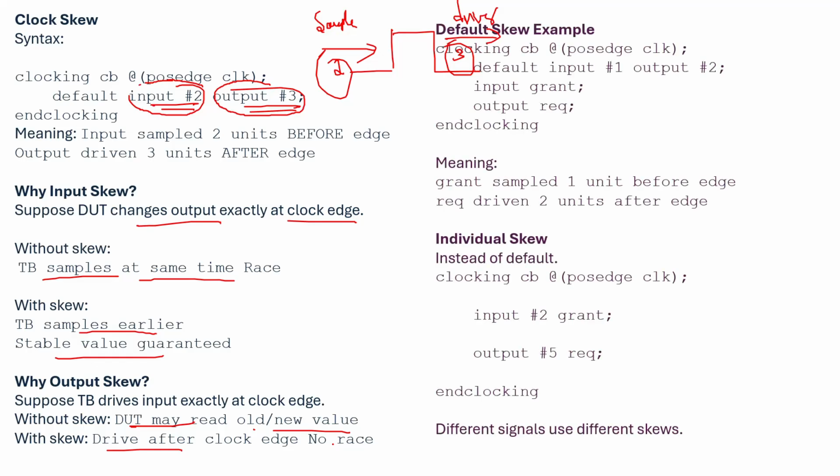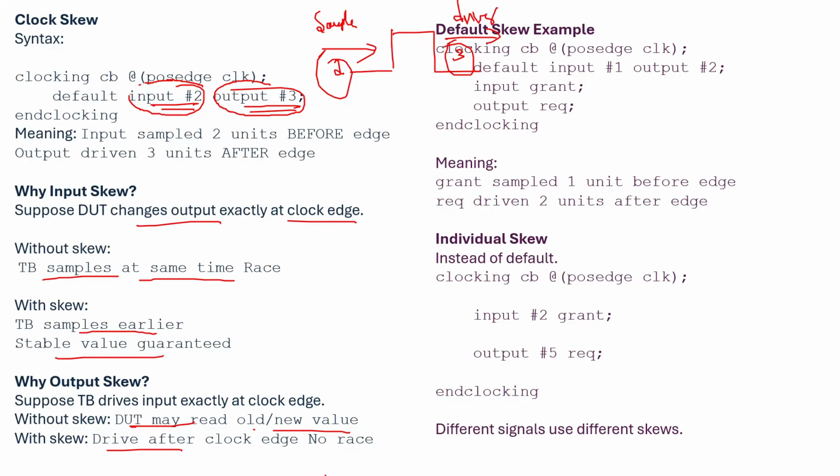So this is the default example for the clocking block. Clocking block @(posedge clock) and then default input 1 and output 2. That means your input signals are sampled one unit before the clock edge, and the signals are driven two units after the clock edge.